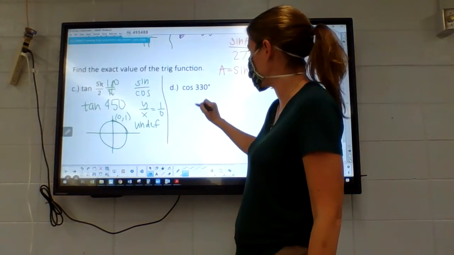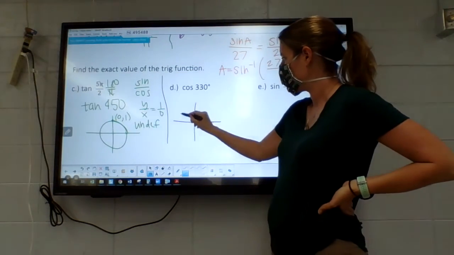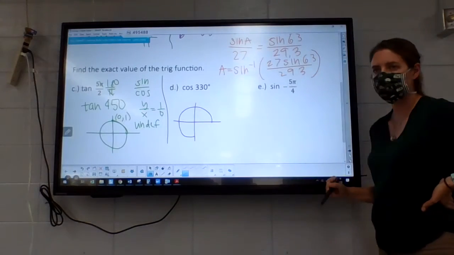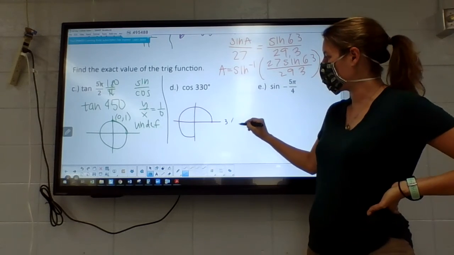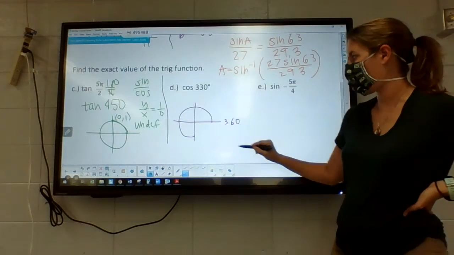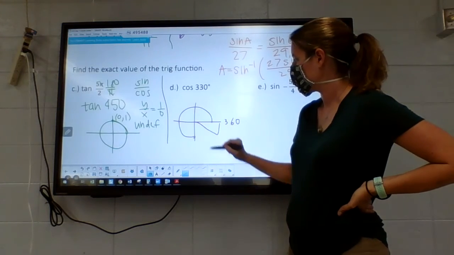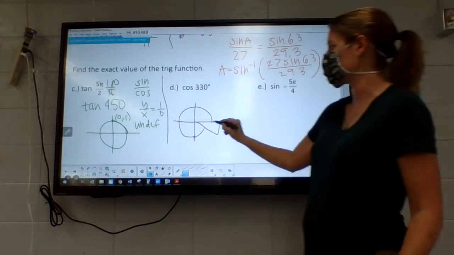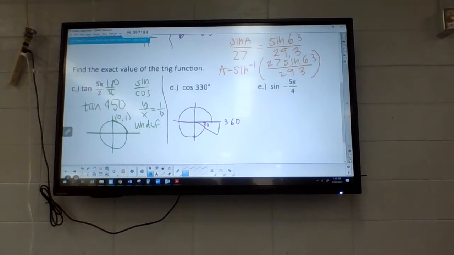Our next one, so cosine of 330. 270 is here. 330, 360 would be all the way, so we're 30 degrees short of that. So in this case, I have a 30, 60, 90 triangle, but the 30-degree angle is my reference angle. So 30 is the important reference angle there.